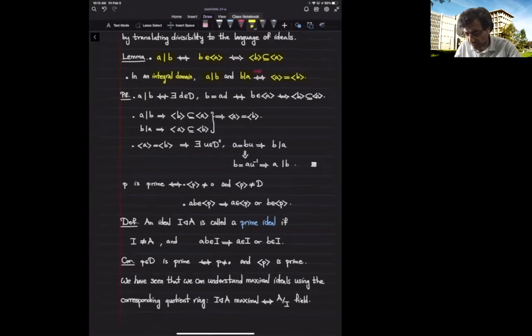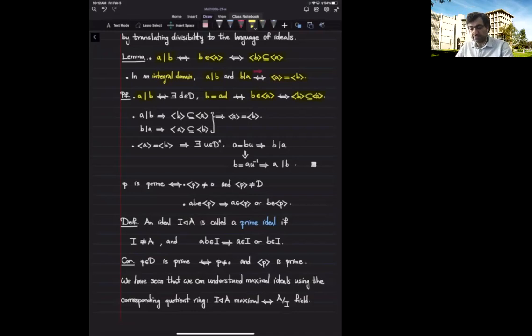It's actually a one-line proof. When I say A divides B, that means that B is a multiple of A, but the set of all the multiples of A forms an ideal, and that is what we called the principal ideal generated by A. When B belongs to this ideal, then all the multiples of B belong to it as well, and vice versa.